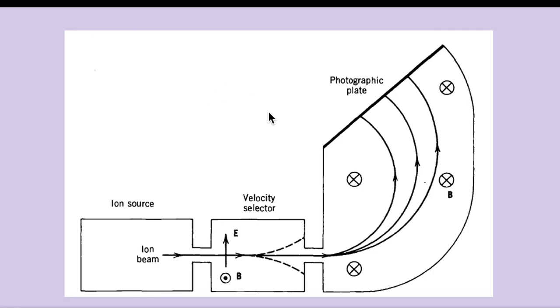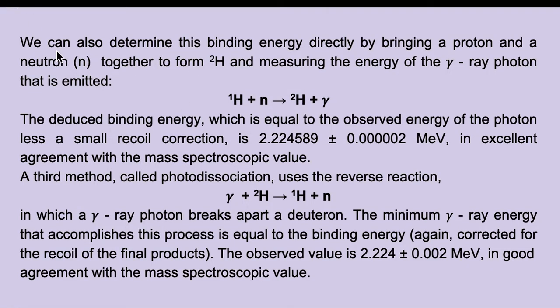And we have already mentioned the mass spectrograph. We can also determine this binding energy directly by bringing a proton and a neutron together to form a deuteron and measuring the energy of the gamma ray photon that is emitted. So when they form a compound nucleus, that means the deuteron is formed, energy will be released, and that energy is emitted as gamma.